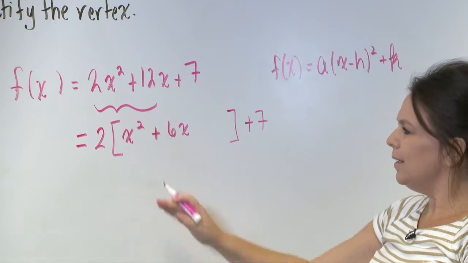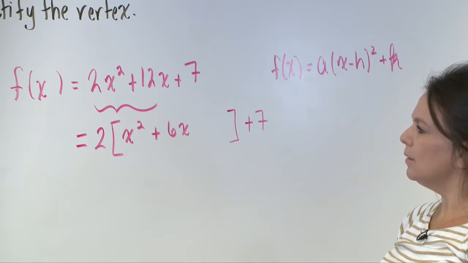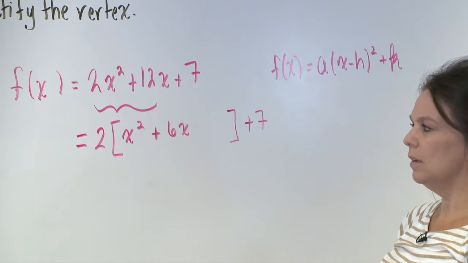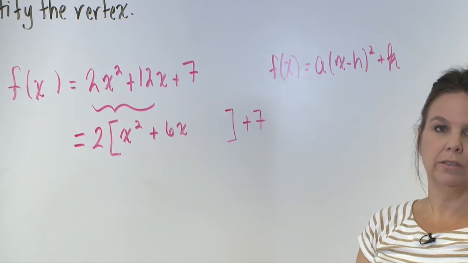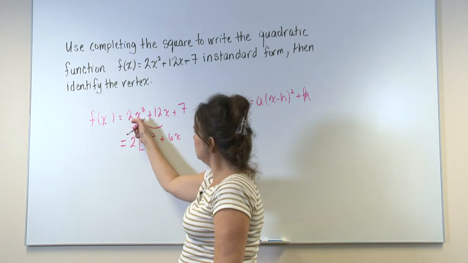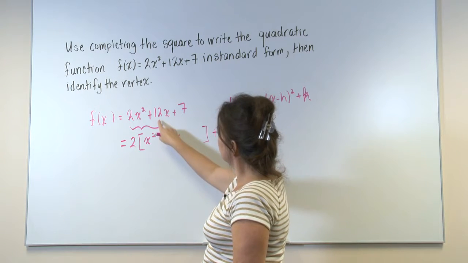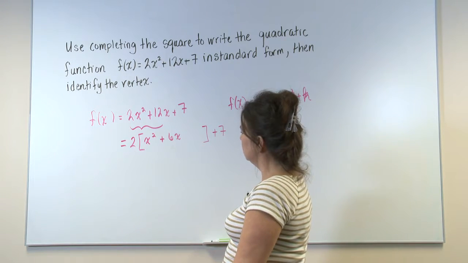So inside the square bracket, we are left with x squared plus 6x. And I can check and make sure that my factorization of 2 is correct. 2 times x squared is 2x squared. 2 times 6x is 12x.